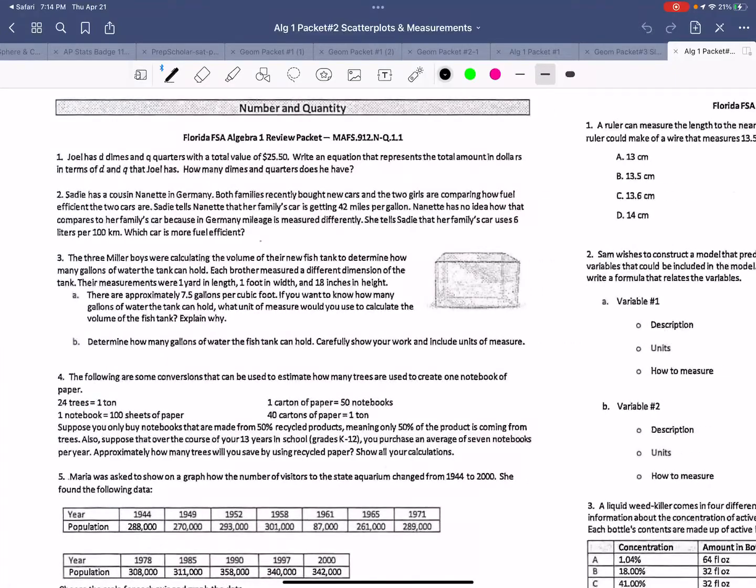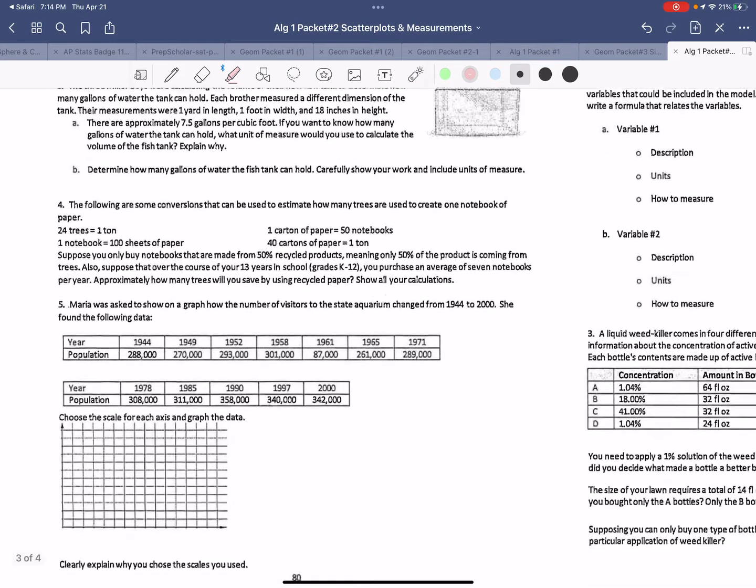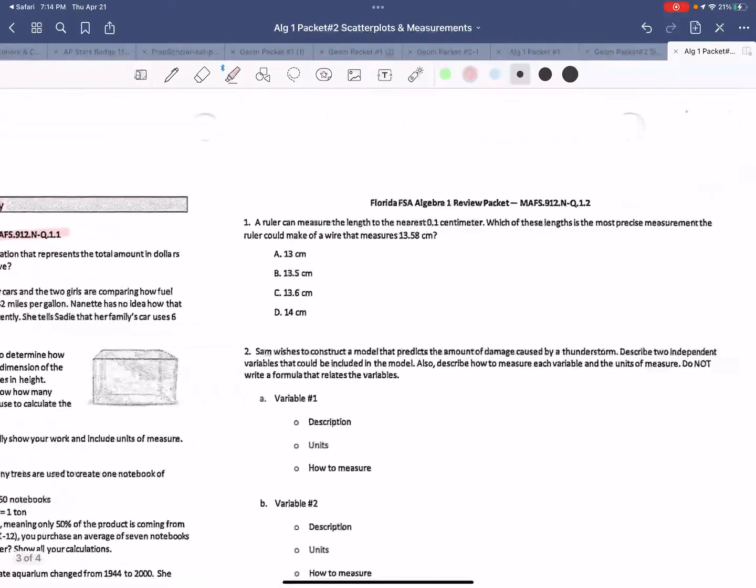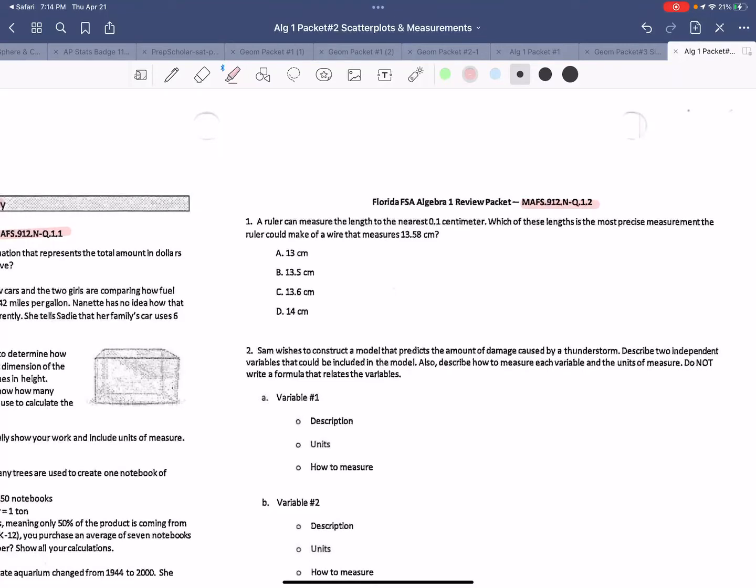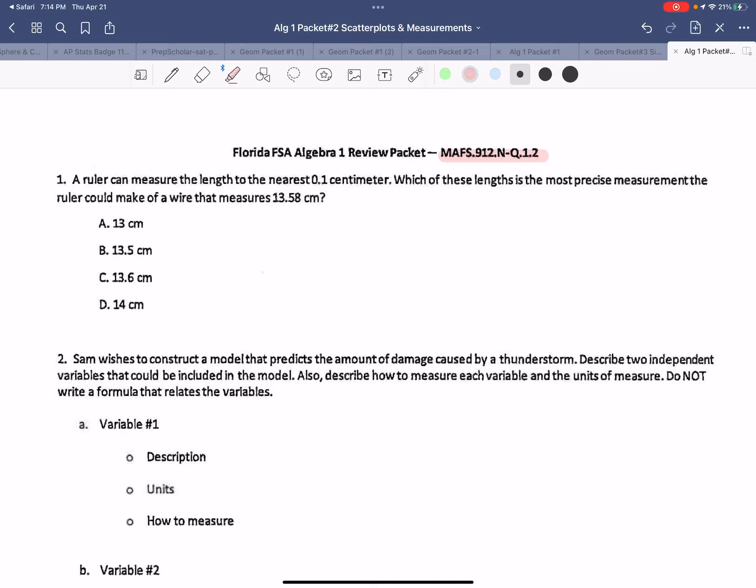All right, so our topic today is numbers and quantities. When I look around the page, I see I've got 2 learning goals that fit on a page. I'm going to start here, and I think we've already kind of started this basic idea. The question asks, a ruler can measure a length to the nearest 0.1 centimeters.